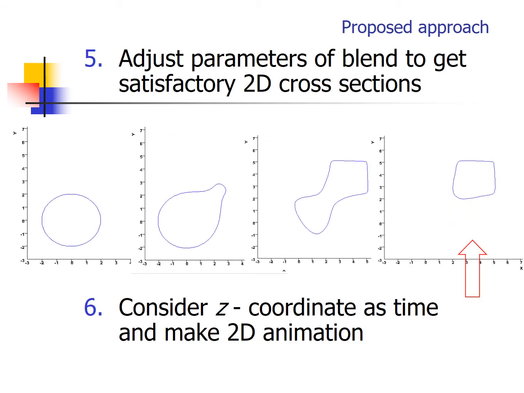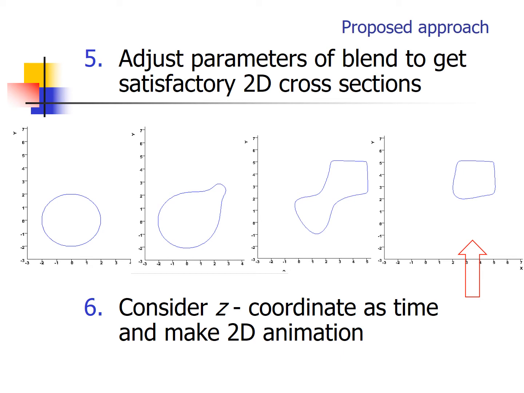Adjust parameters of the blend such that a satisfactory intermediate 2D shape is obtained in one or several 2D cross-sections by planes orthogonal to the z-axis. Step number 6. Considering an additional z-coordinate as time, make consecutive orthogonal cross-sections along the z-axis and combine them into two-dimensional animation.